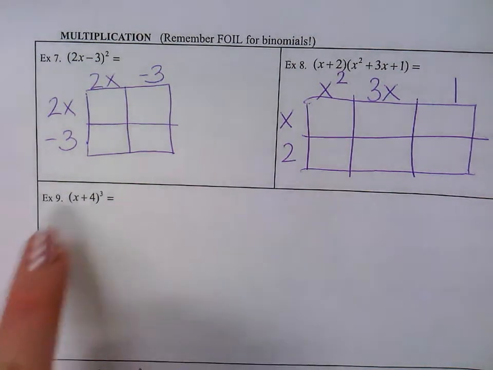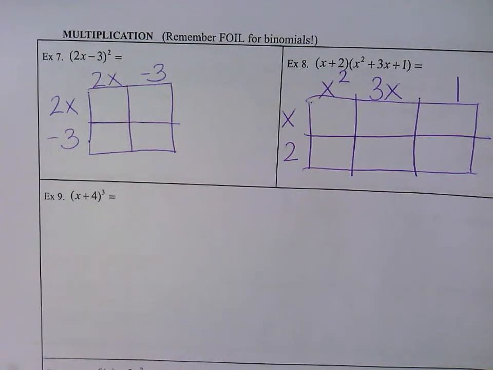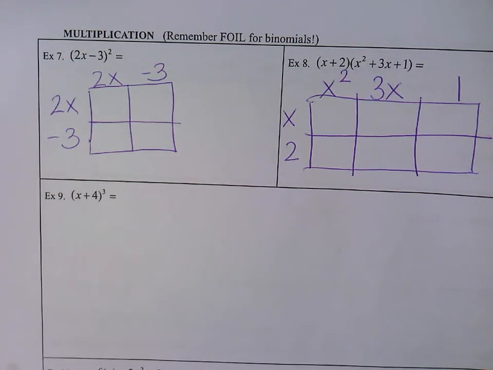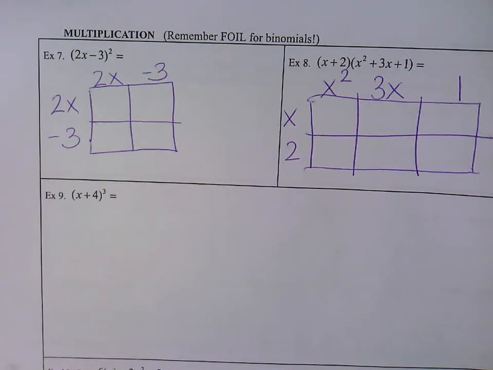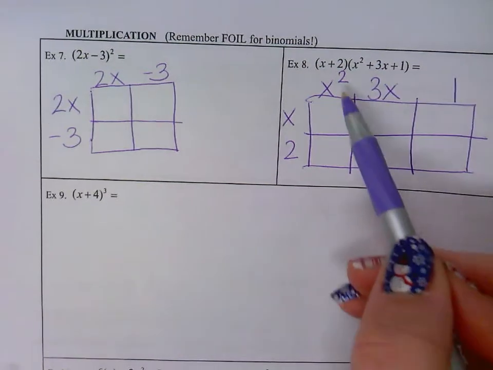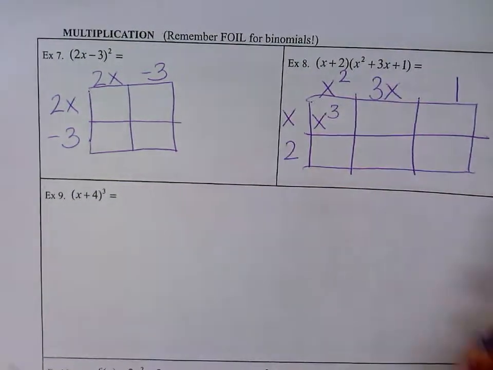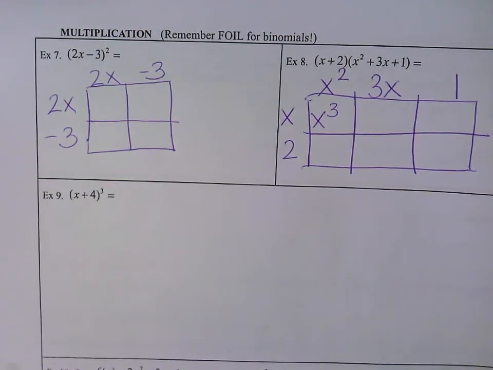Hold off on example 9 for a minute because it gets a little bit bigger. See if you can do example 7 and 8 because you already know how to multiply, right? Maybe the only one you don't know how to multiply is when there's like x squared times x. That would become x cubed. Everything else you've multiplied before.